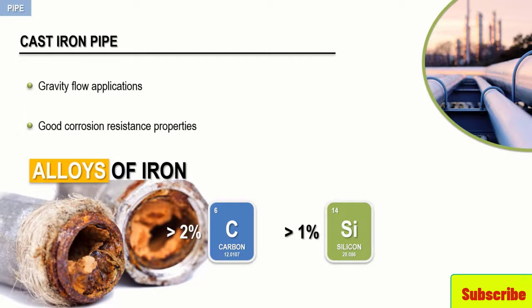But what makes cast iron different is its graphite content. As cast iron corrodes, insoluble layers of graphite compounds are produced. The density and adherent strength of these compounds form a barrier around the pipe that prevents further corrosion.